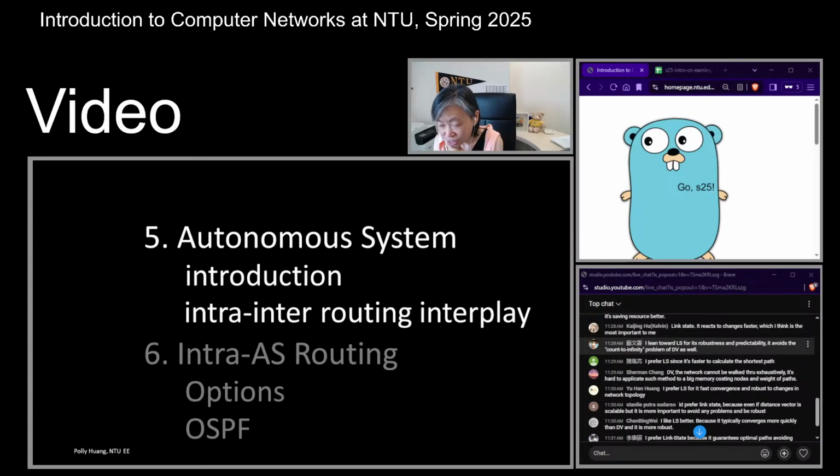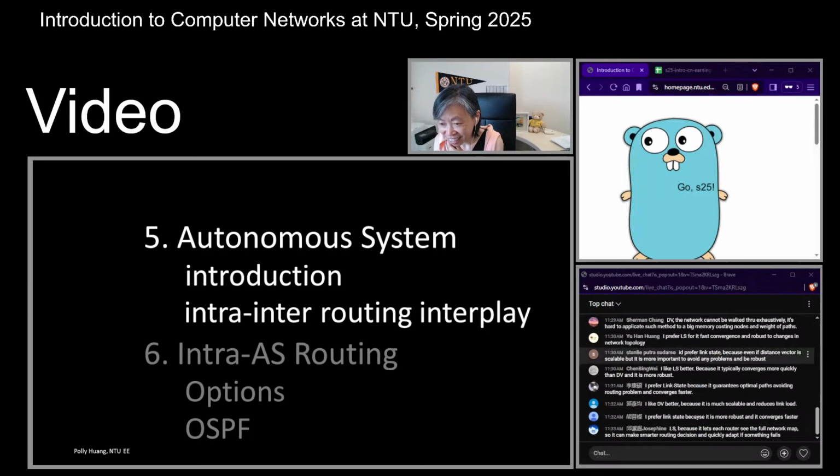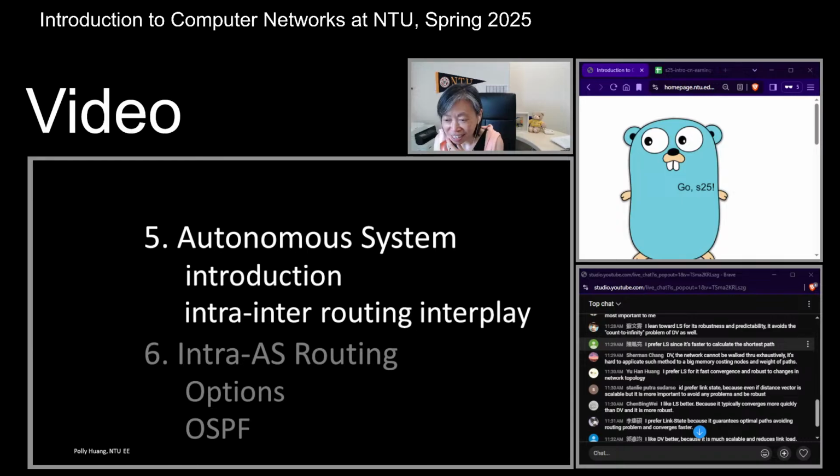Jaden here says, I lean towards link state for its robustness and predictability. It avoids the count to infinity problem. Yeah, that sounds really bad, right? So 3 link states. Caesar here prefers link state as well because it's faster and easier to calculate the shortest path, despite the resources required.